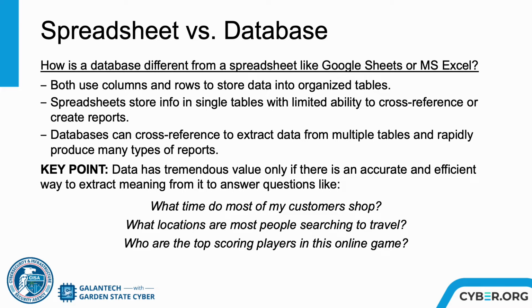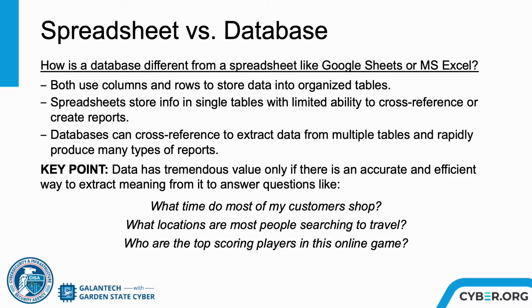So how is a database different from a spreadsheet like Google Sheets or Microsoft Excel? A database is just a spreadsheet on steroids. So both spreadsheets and databases use columns and rows to store data into nice, neat looking organized tables, but only spreadsheets store information in single tables with limited abilities to cross-reference or create reports.